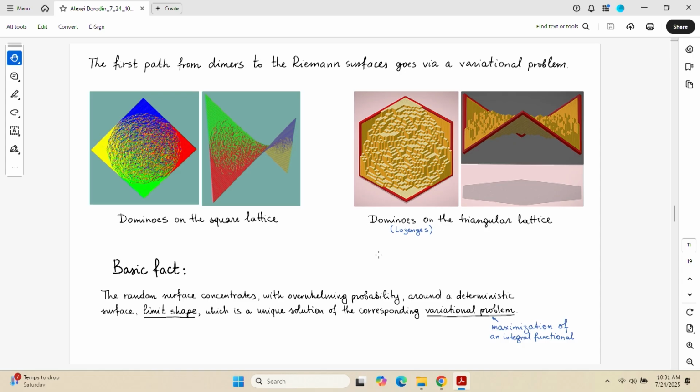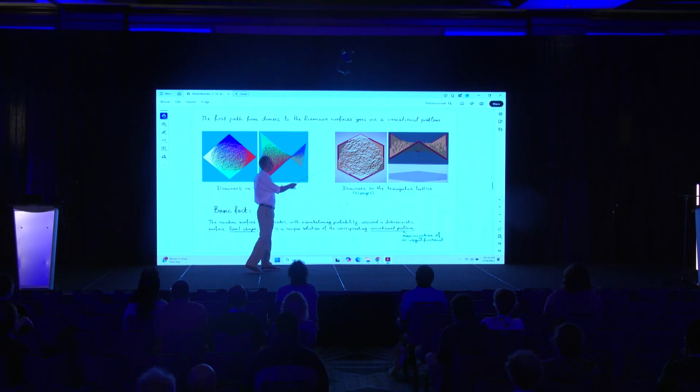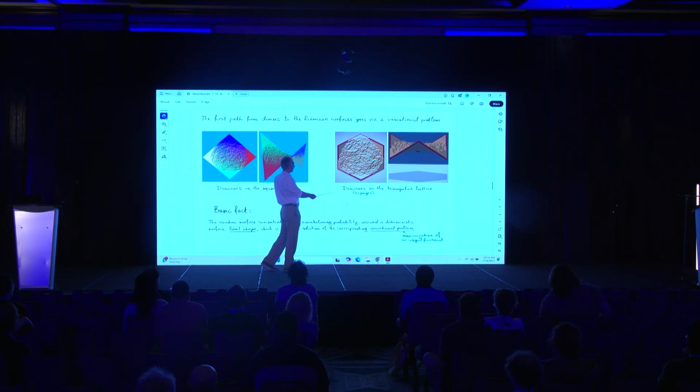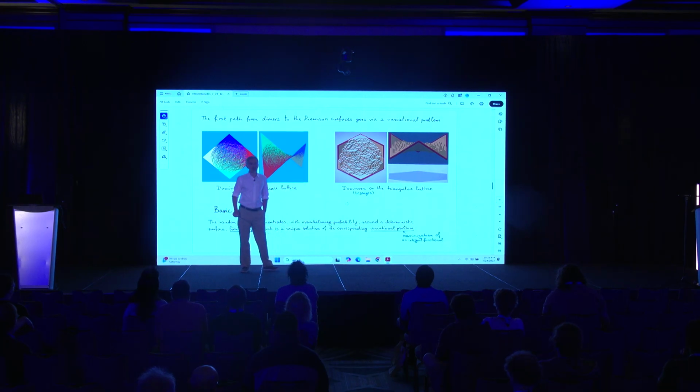So these are so-called lozenge tilings of the triangular lattice. And here, the 3-dimensional picture is pretty obvious to human eyes. That's in 3D, and if you do it uniformly at random, there will again be a surface that shows up.